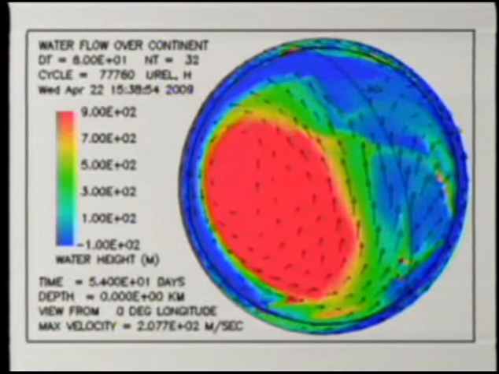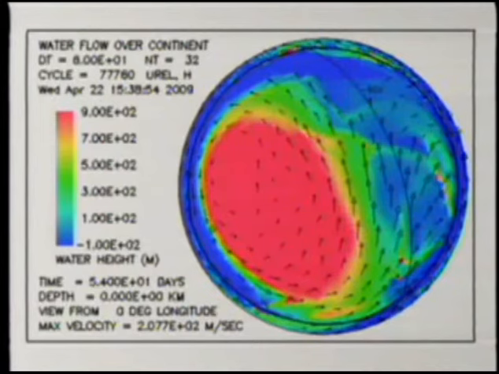And so, again, I use a view where the camera is centered above the continent at all times. So you're taking out all of the rotation and other things. So you're just centered over the continent. We're simply interested in what's going on above the continent. The color denotes the height of the water above nominal sea level.